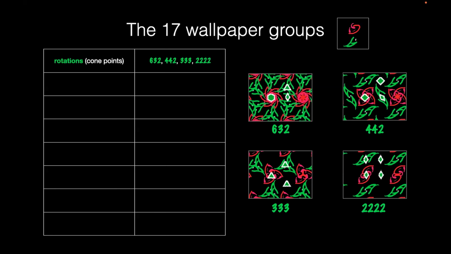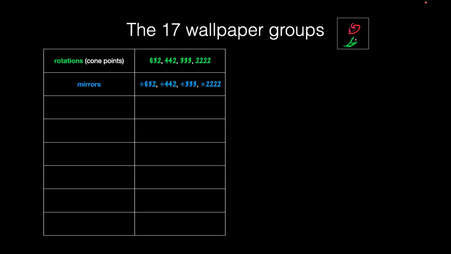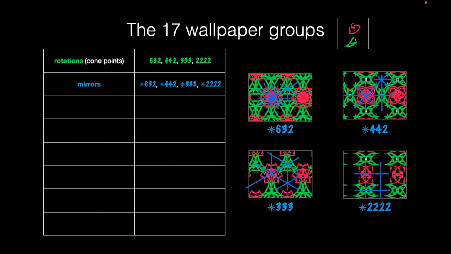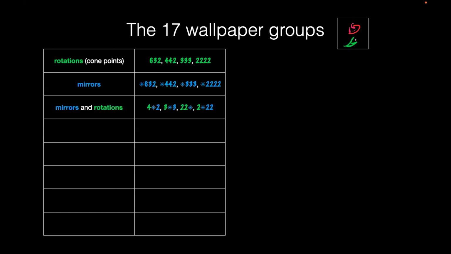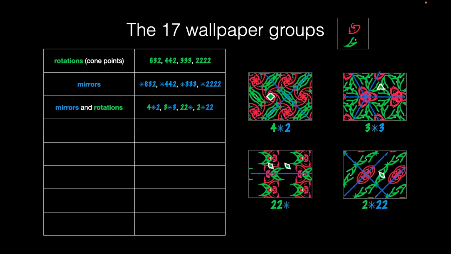So the one we did before was 4, 4, 2, and there's a bunch more. We can do things that are just mirrors. So we did those. Star 4, 4, 2 is what we did, and before the other one was 6, 3, 2. So these are all different things you can get with the same pattern. Mirrors and cones and rotations give you some of these patterns.